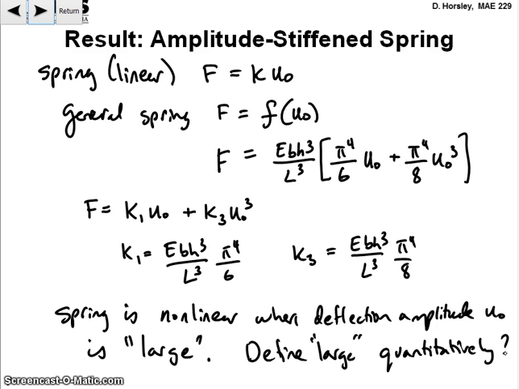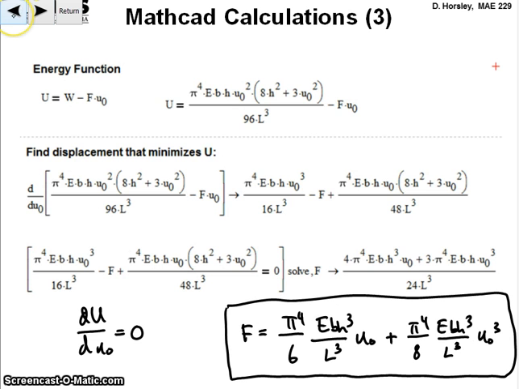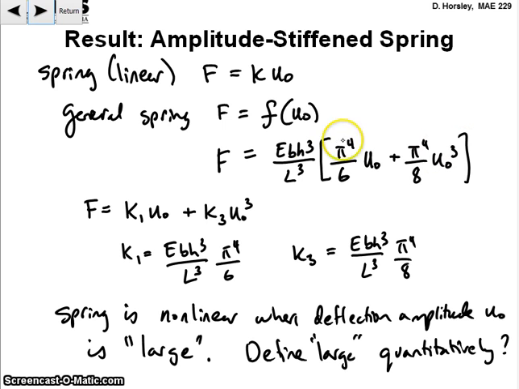Sorry, I did make one mistake, and now it's propagating throughout this. I cannot factor it quite the way that I did here. If we look at the MathCAD solution, the thing that multiplies u naught cubed has only an h here. It's not h cubed, it's h. Otherwise the units will be wrong, because h has units of meters, and u naught also has units of meters. So I fix that one, and I have to fix this too.